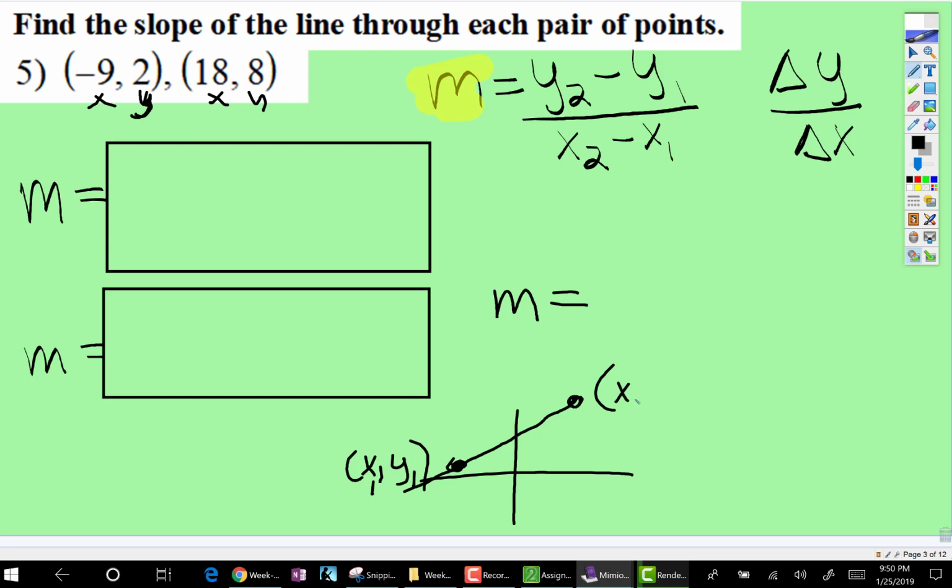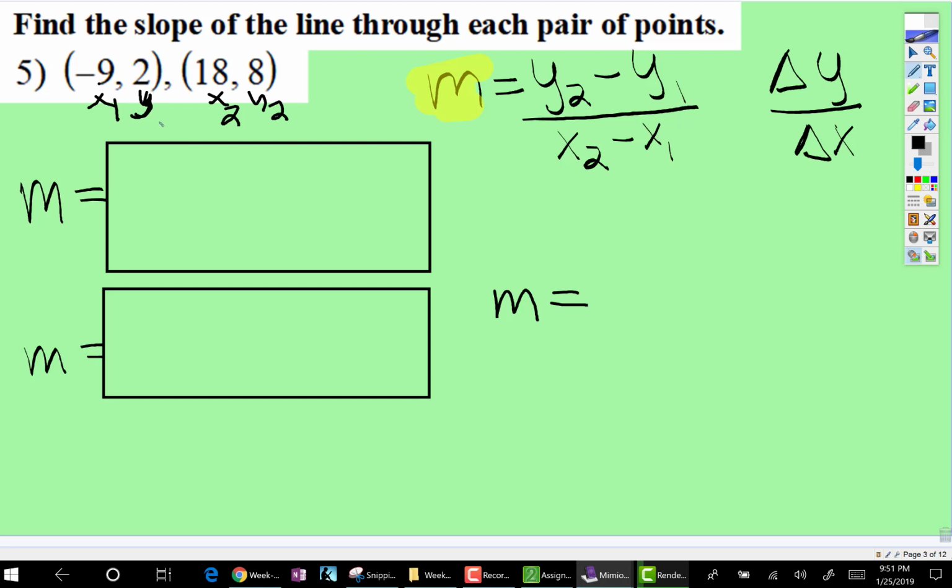This point is XY. So I'm going to call that X2, Y2. If you want to know which one is the second Y, look at the X's. -9 comes before 18. So this is X2, Y2, X1, Y1.